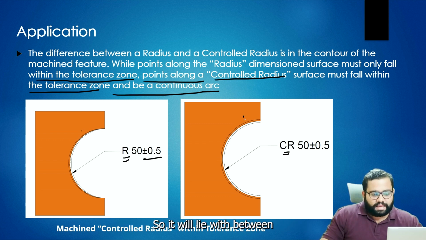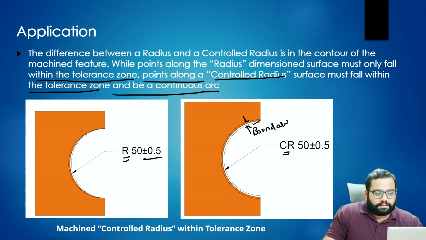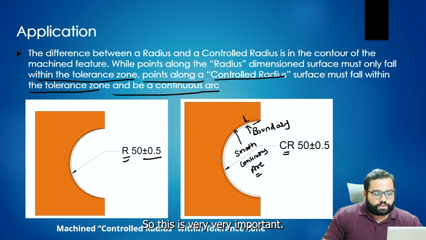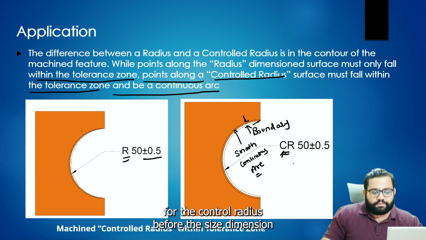It will lie within the boundary of the tolerance zone and have a smooth continuous arc. This is very, very important. Whenever we require a smooth continuous arc, we provide C for the controlled radius before the size dimension.